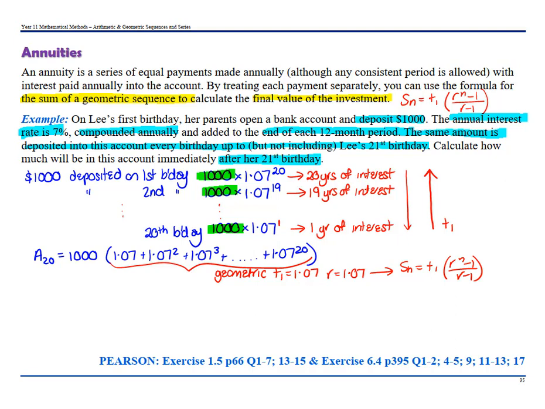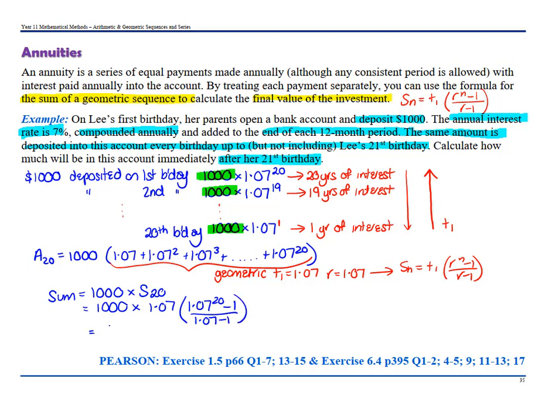Okay, so we need the sum. Our sum is going to equal our 1,000 times by S of 20. So that's going to be 1,000 times by 1.07, all outside of 1.07 to the power of 20 minus 1, all over 1.07 minus 1.